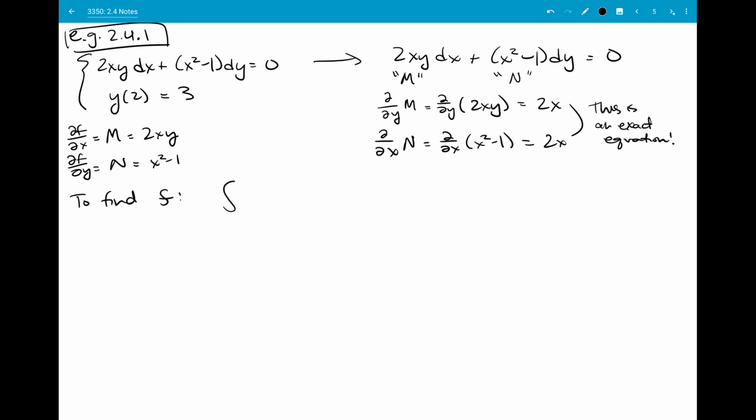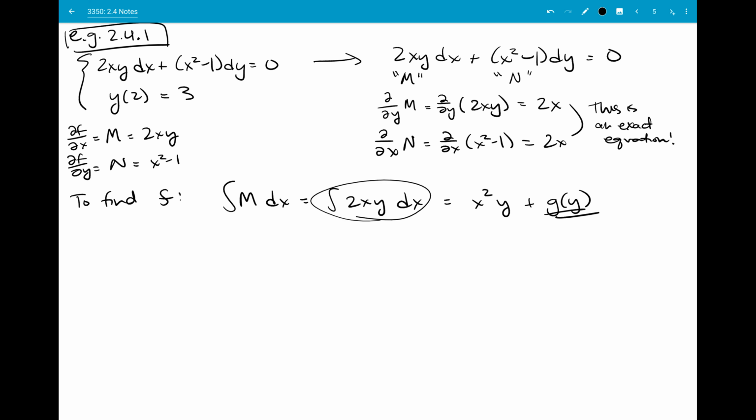So I say, okay, I'm going to integrate M with respect to x. So that's the integral of 2xy with respect to x. So that's going to be x squared times y, plus something that I'm not really sure what it is, that only depends on y. It didn't appear in my derivative with respect to x, so I couldn't recover it when I integrate with respect to x, and I have to find out that thing.